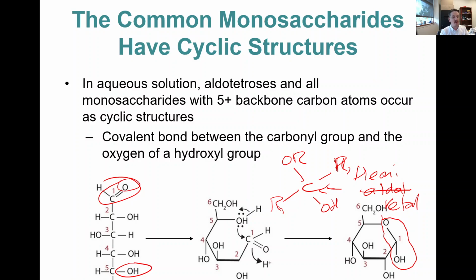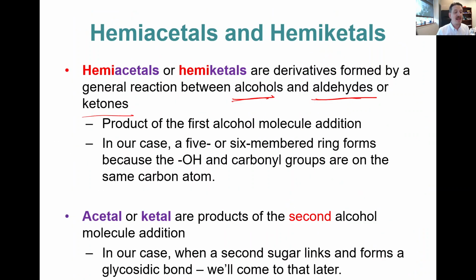It's got a double bond with an oxygen, which makes this carbon delta positive and this oxygen delta negative. In the same way, this carbon has got two single bonds with oxygens, so that overall it has a delta positive charge. So it can be attacked by a second nucleophile, such as a second OH group from a second sugar. And in that case, you're going to form the acetal or the ketal rather than the hemi.